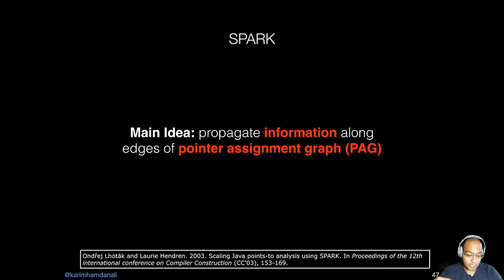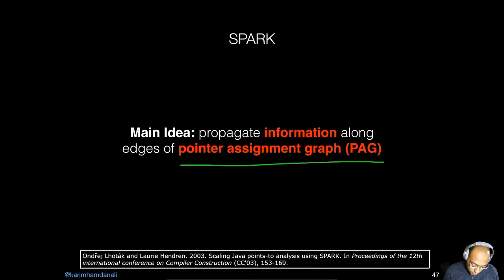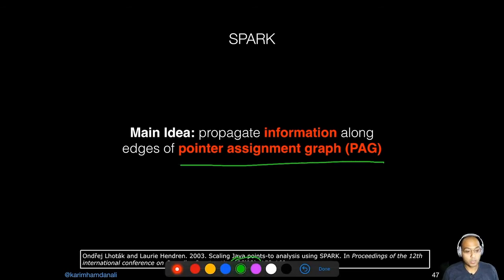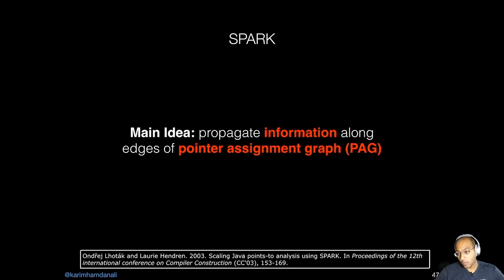That was in an attempt to scale up pointer analysis for the Java language to be able to be used in practical settings, and it was published at Compiler Construction, or CC, in 2003. You can look up that paper on Google Scholar, where usually you can find the PDF, or you can look it up on the ACM Digital Library.